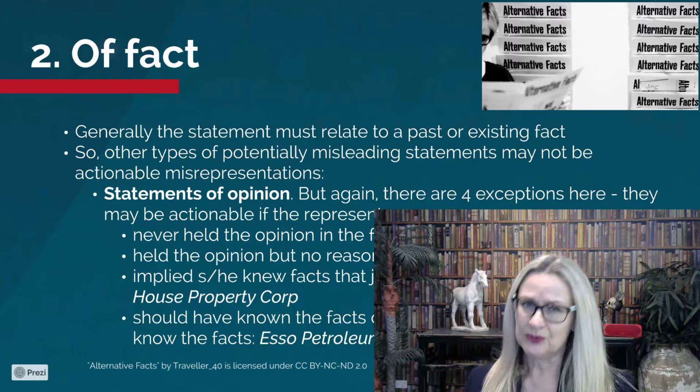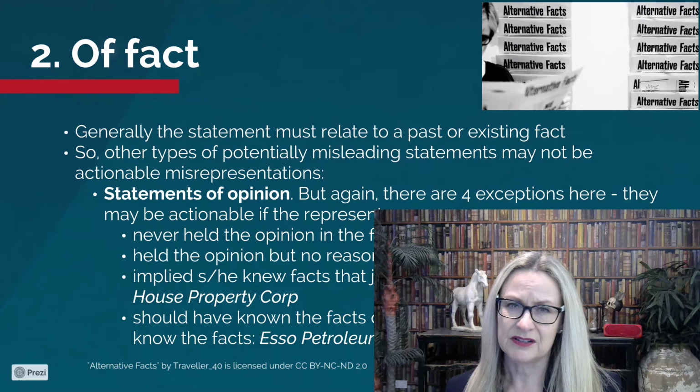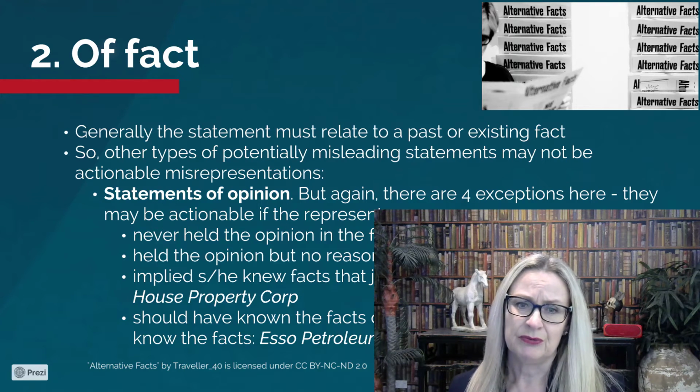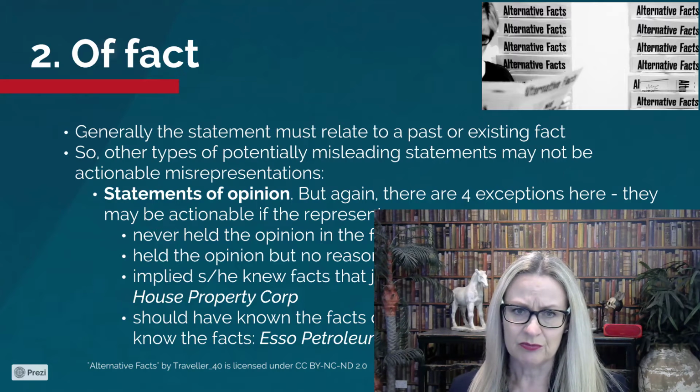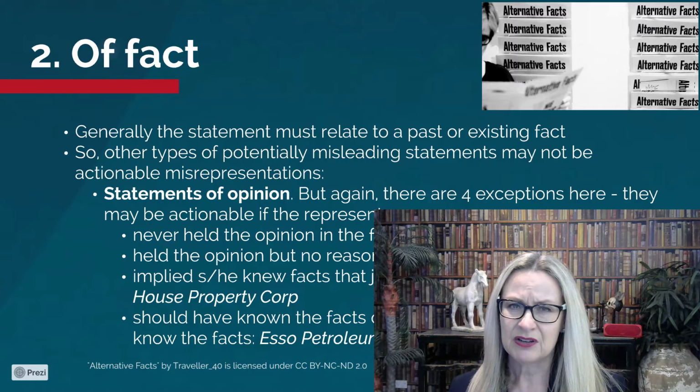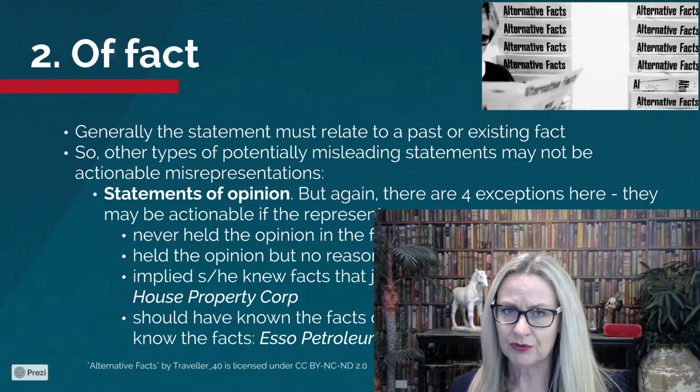And that also means that there's a whole stack of representations that might fall outside actionable misrepresentations because of their nature. So, for example, statements of opinion may well slip through the cracks.